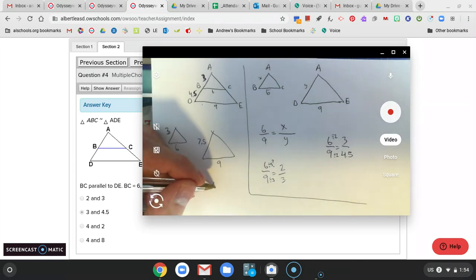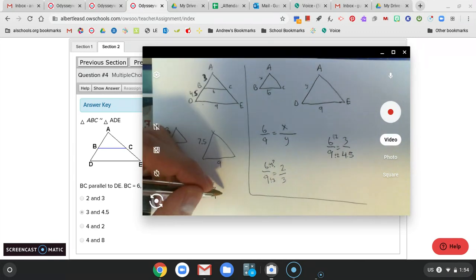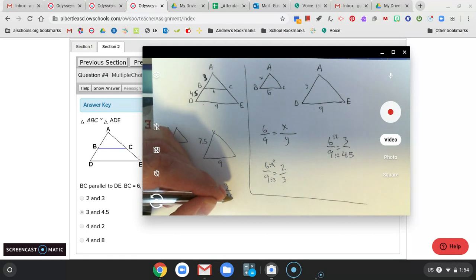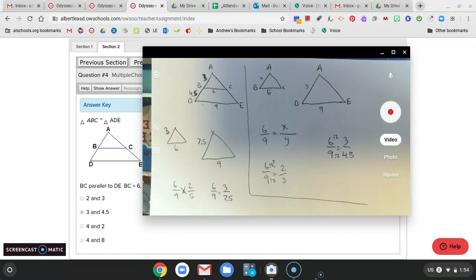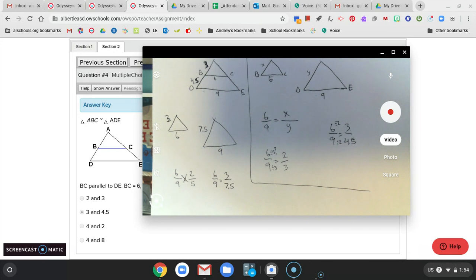So my new question is 6 over 9, 3 over 7.5. We kind of saw before that it really should be 3 and 4.5 because 6 divided by 2 is 3, 9 divided by 2 is not 7.5. So that didn't work. All right, we got to try the next one.